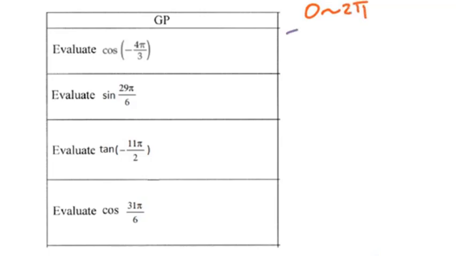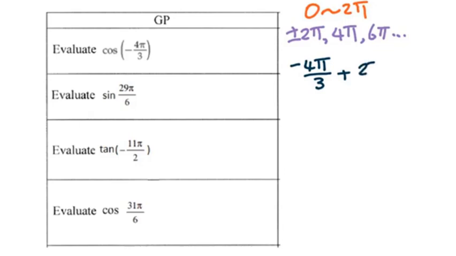By add or subtract 2 pi, 4 pi, 6 pi, and keep going. Therefore, for negative 4 pi over 3, I need to add 2 pi. Then we do over 1, and a denominator multiply will be 3.